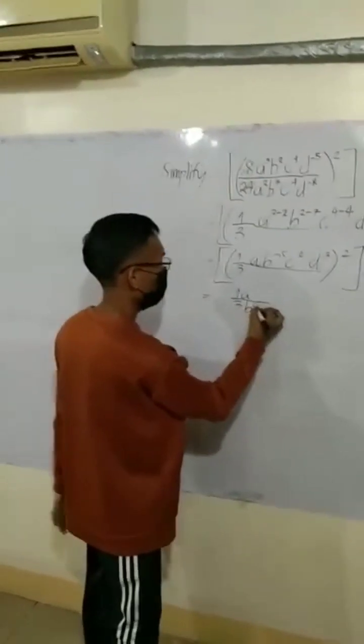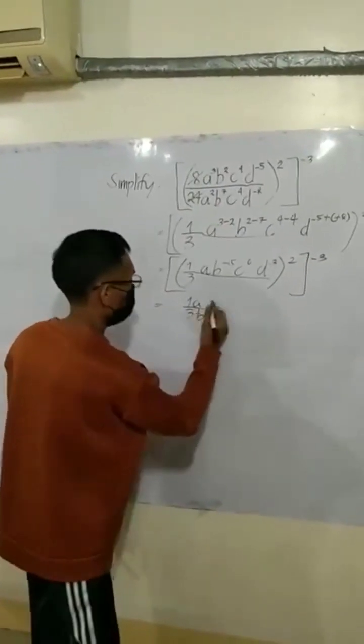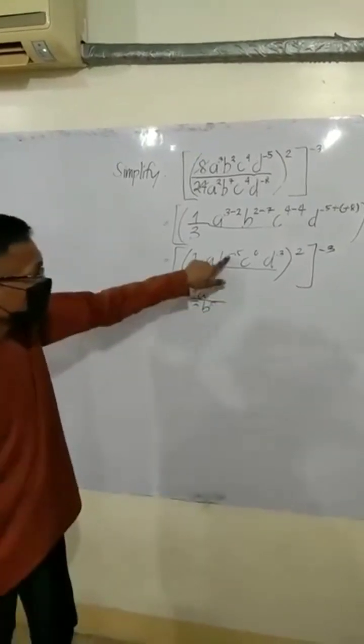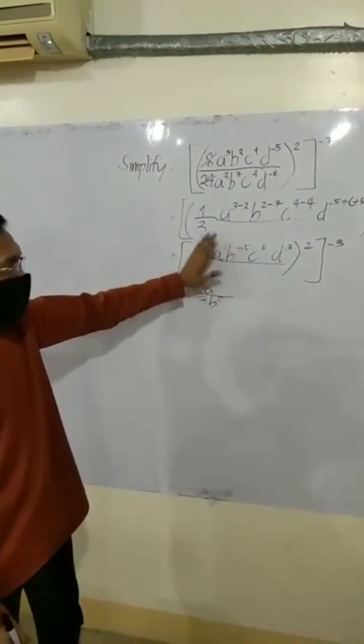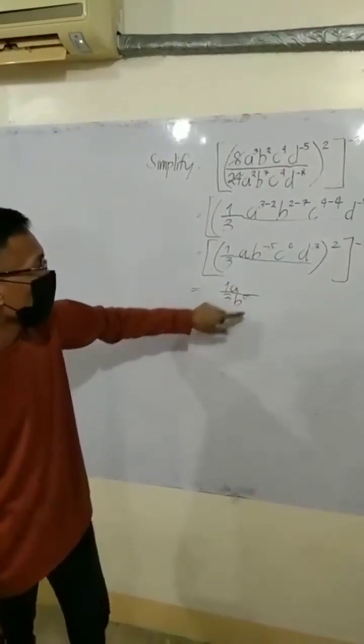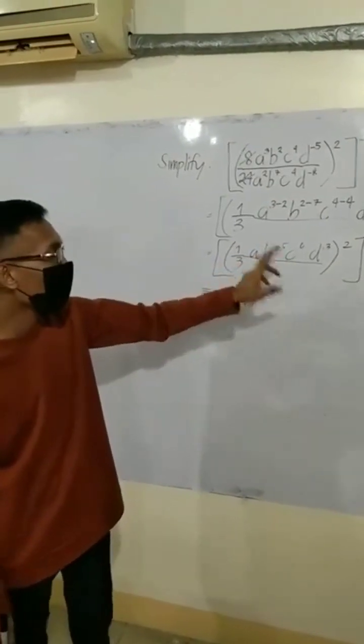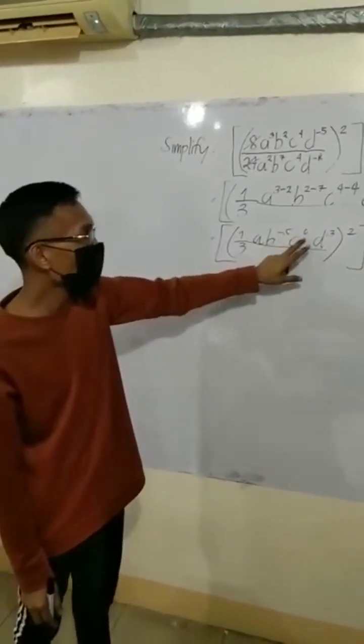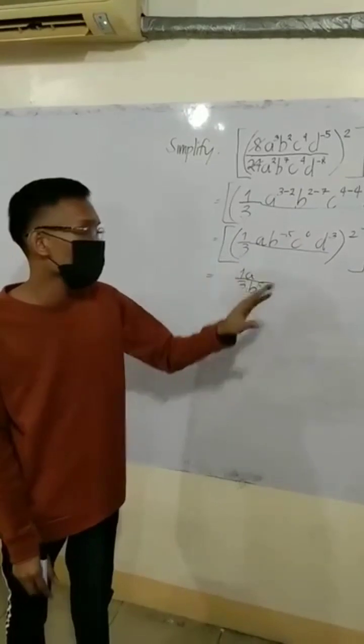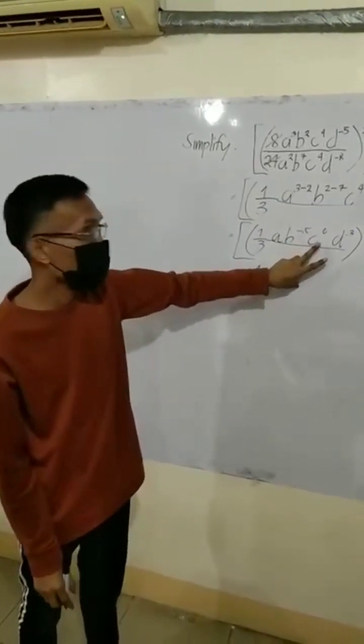So this becomes +5. From negative, it became positive, but we'll transfer it to the denominator. And then c raised to 0.